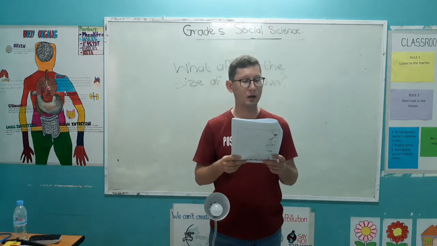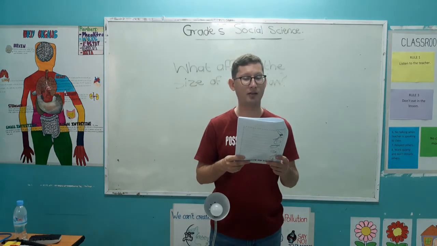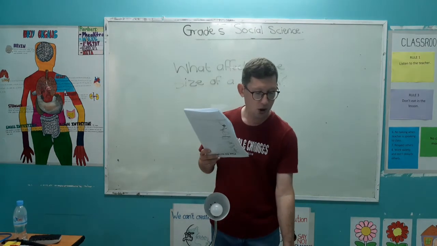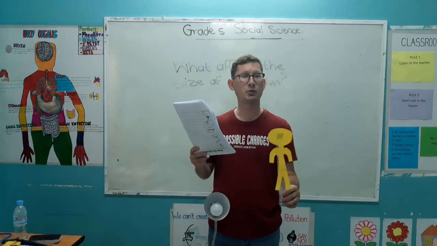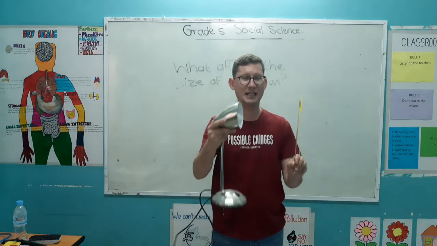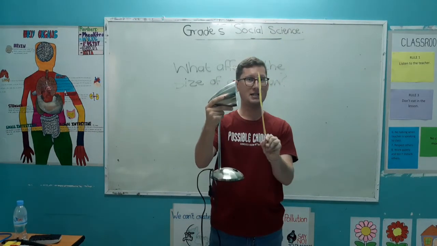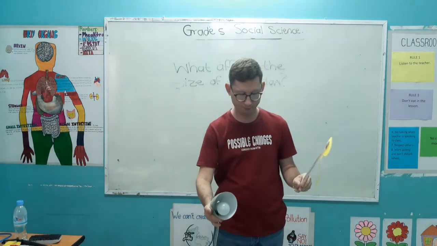The other factor is the distance between the shadow puppet and the light source. So what we're going to change is the distance between the shadow puppet and the light source.